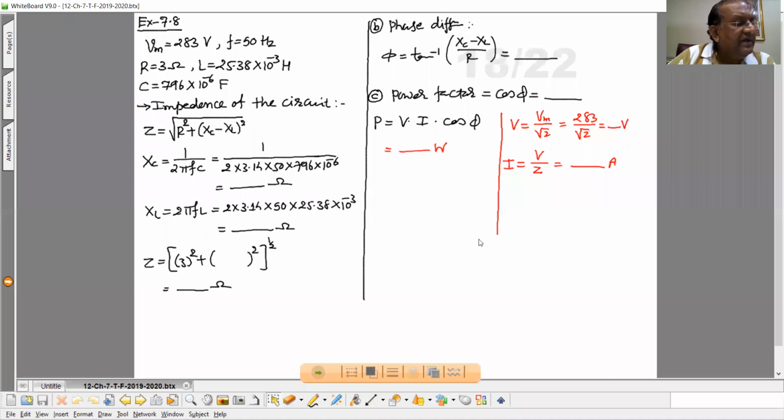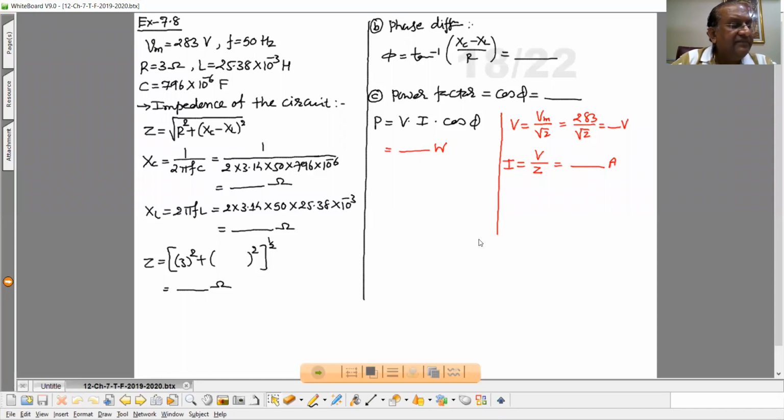Example 7.8. A sinusoidal voltage of peak value 283 volt. Here it is specifically mentioned this is peak value. Be careful. Okay. And frequency 50 Hz is applied to a series LCR circuit in which R is 3 ohm, L is 25.48 millihenry, and C that is 796 microfarad.